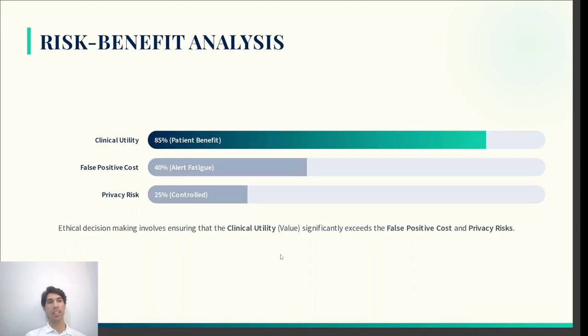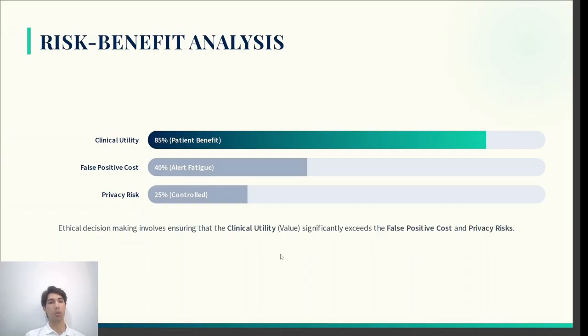Next is the risk benefit analysis of our project. Ethical decision making involves ensuring that the clinical utility or the value of our model or project or research is significantly higher than the false positive cost and privacy risks.